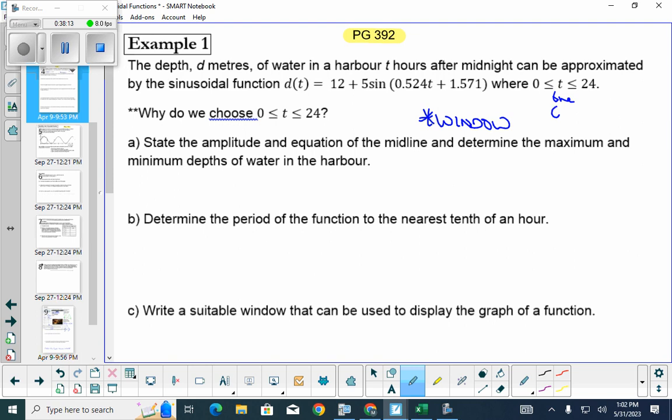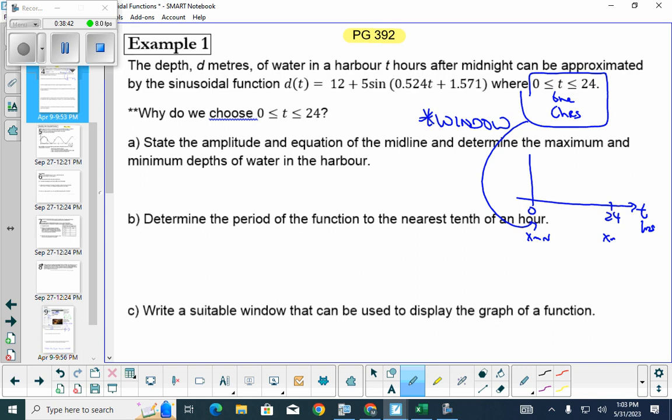So if I draw a little picture here, T for time is going from 0 to 24 hours. So this is 24 hours after midnight, or in other words, one full day of time, right? It's 24 hours in a day. So if you understand this right here, then you now automatically know your X min and your X max, because you want to go for 24 hours.